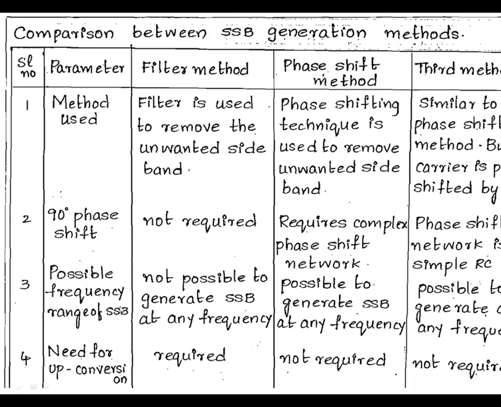And the third point is possible frequency range of SSB. The frequency range. That is the elevated signal frequency range. So the frequency range is such that it is not possible to generate SSB at any frequency.